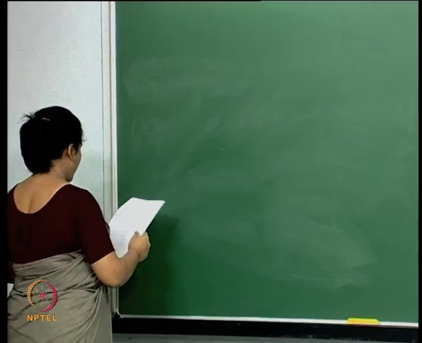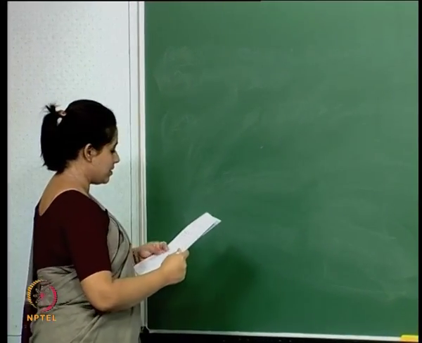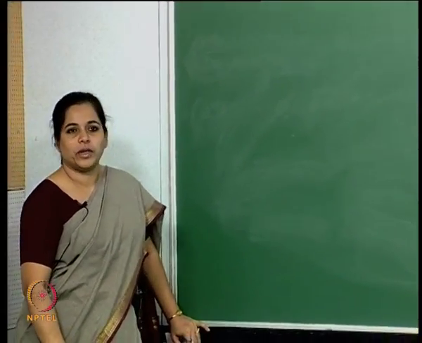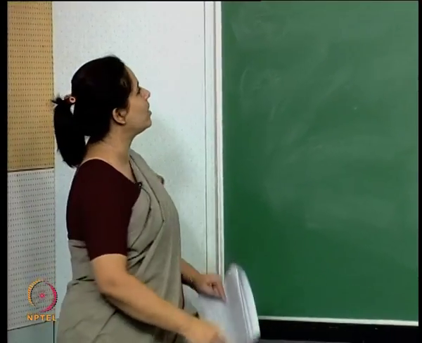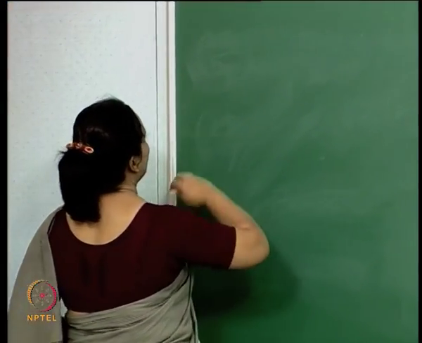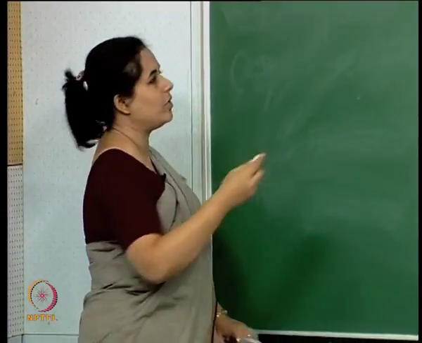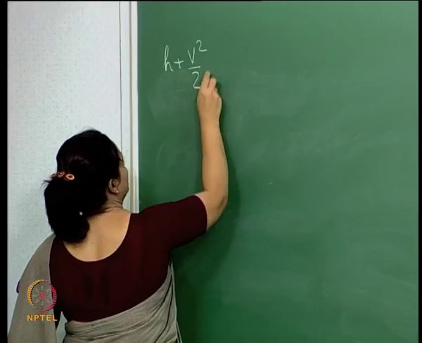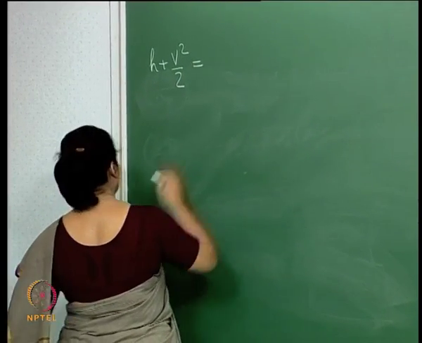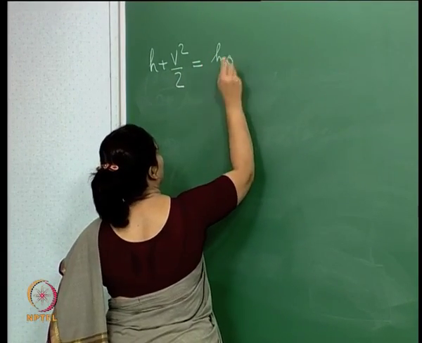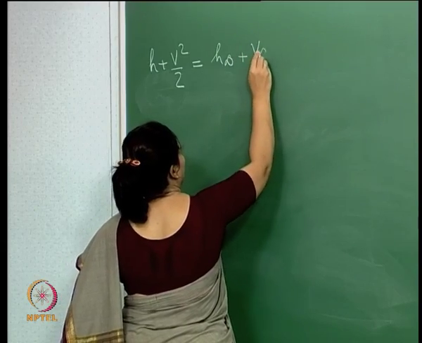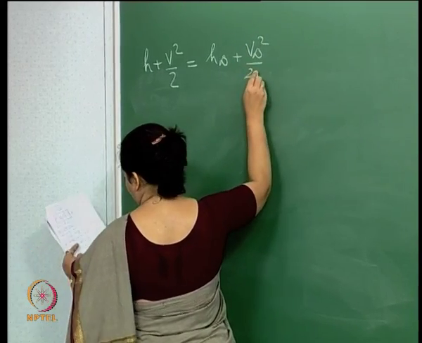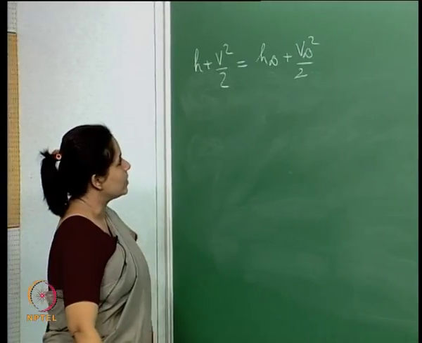Okay, so now having done this, total enthalpy here is constant. Okay, total enthalpy here is constant. So say I take any point in the flow field. So basically what I will have is, right. So this is it.